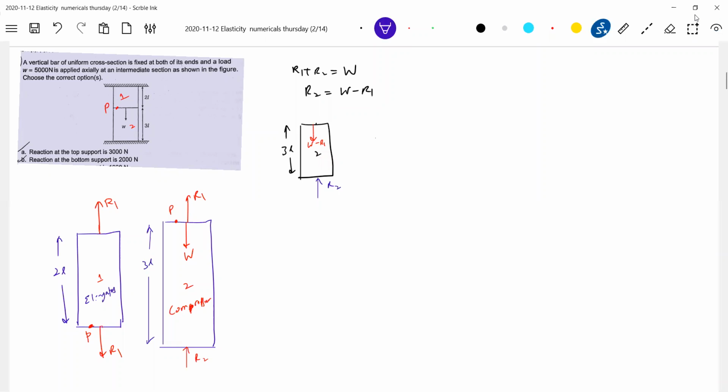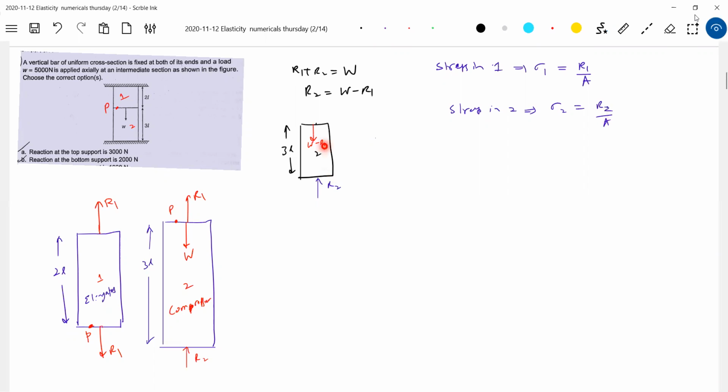Therefore, what is the stress in the first rod? Stress in 1, sigma 1, should be equal to R1 by A. Stress in 2 should be equal to R2 by A. And now you can ask questions, why R2?